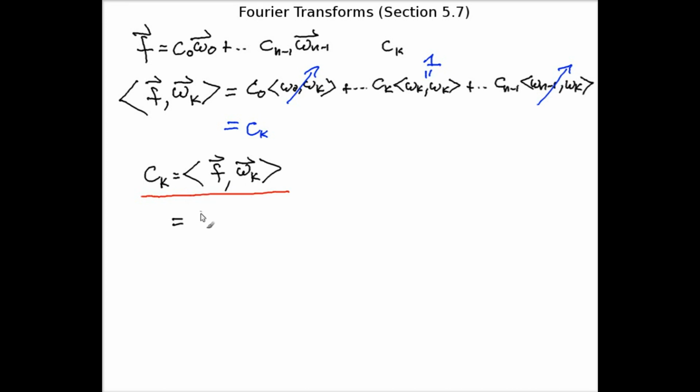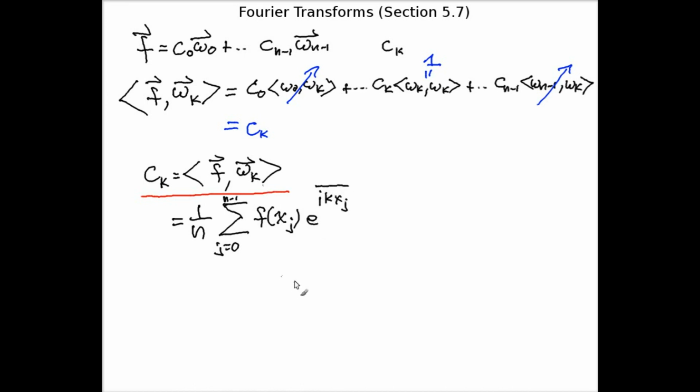What do you get? Well, by definition, this is 1 over n times the summation, j running from 0 to n minus 1, of f of the jth guy times e to the i k x_j bar.